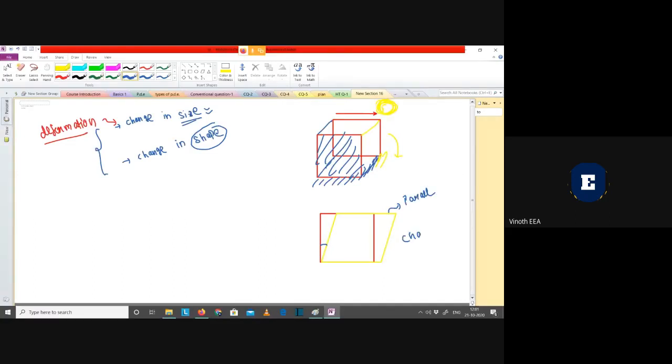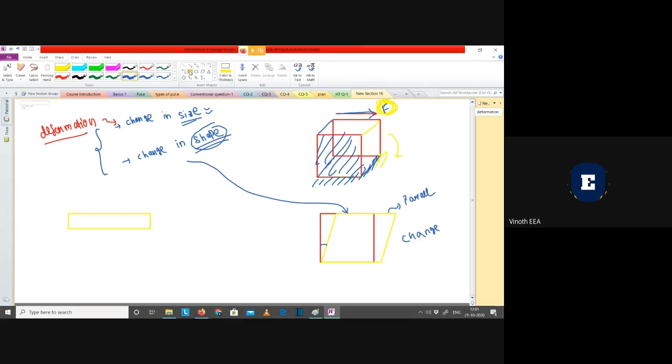So this is nothing but change in shape. Of course, this change in shape is occurring due to shear force. I'm applying some transverse force in this direction, and due to that transverse force only, it is getting tilted.